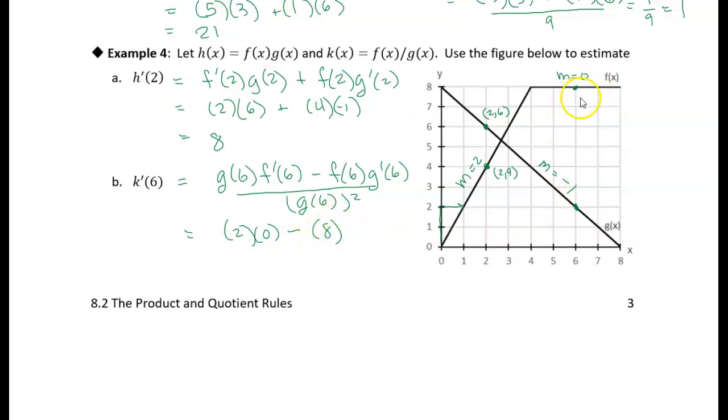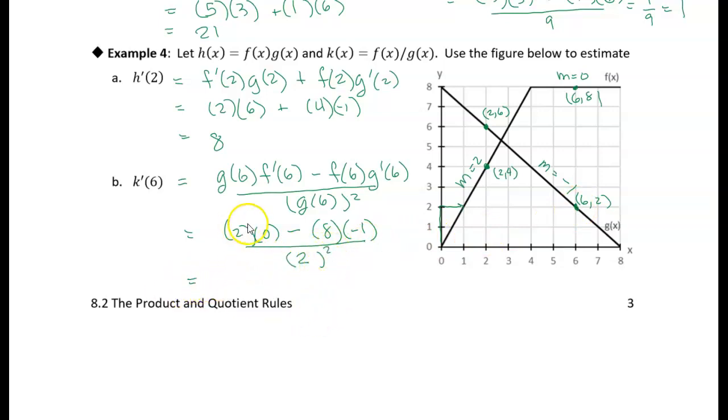That point is 6 comma 8. I should probably mark this one too. This is 6 comma 2. And then the value of the slope of g of x at 6 is just minus 1 again. And then we need to divide that by the value of the function g of x at 6, which is 2, and we need to square it.